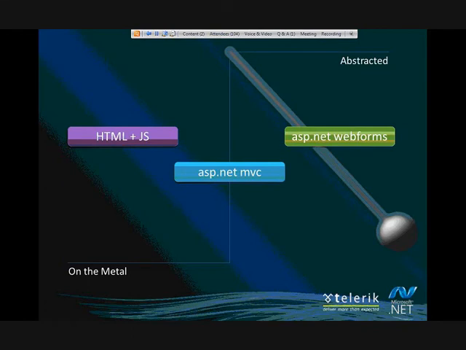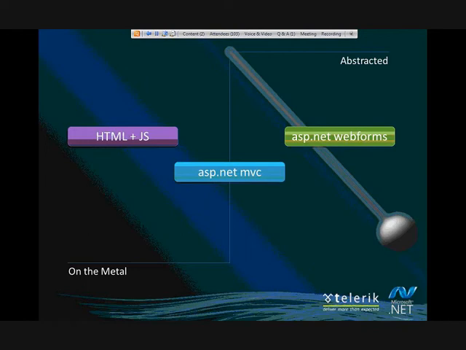In fact, if we're talking about web forms pre-ASP.NET 4, so everything up through ASP.NET 3.5, then we might have been able to lay it out on a pendulum like this, where writing raw HTML and JavaScript were on-the-metal approaches to web development, actually developing for the browsers. And ASP.NET Web Forms is our fully abstracted approach where we hardly wrote any HTML or any JavaScript, and we let ASP.NET write all that for us.